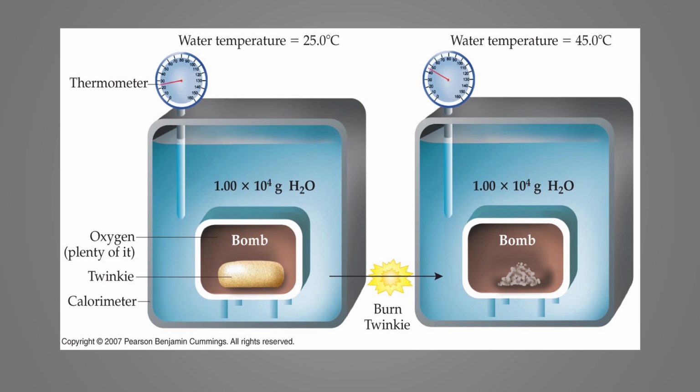So with all this data, let's find how much heat is released by this Twinkie. The formula for that is heat equals specific heat times mass in grams times change in temperature. This delta sign is used to represent the word change, so change in temperature in degrees Celsius.